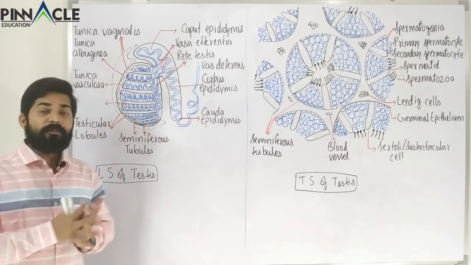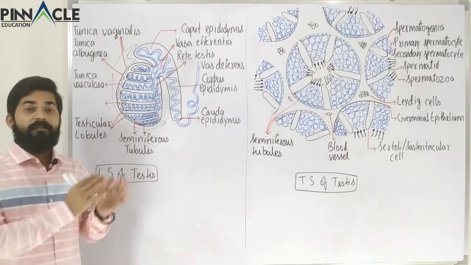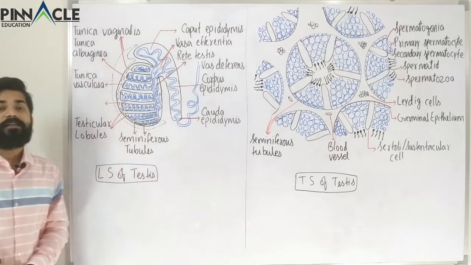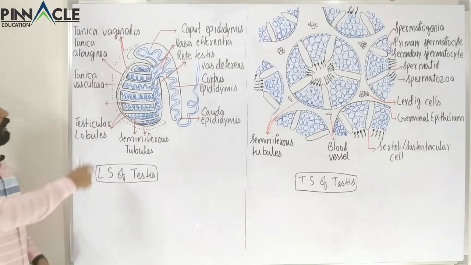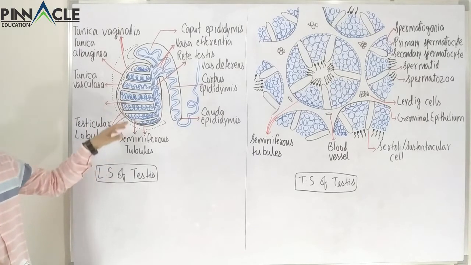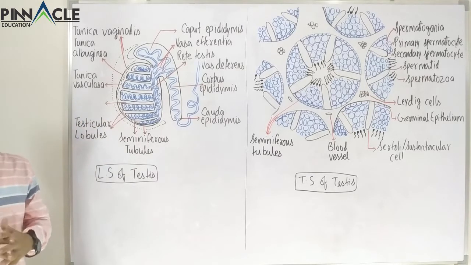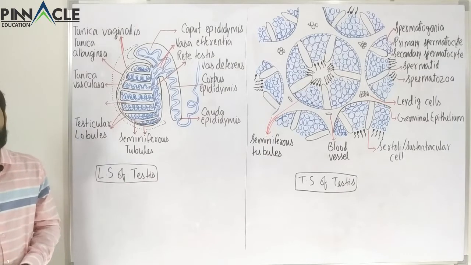Now apart from these three layers, when we come inside them, first of all we see many compartments like this, called testicular lobules. A testis does not contain only this many lobules, it contains many more, so we cannot draw that many in this diagram, so I have drawn a few.